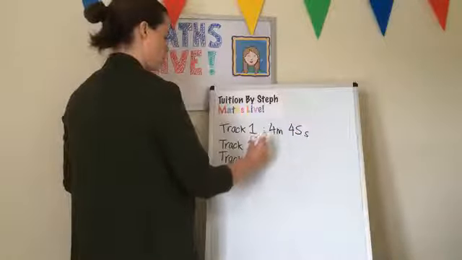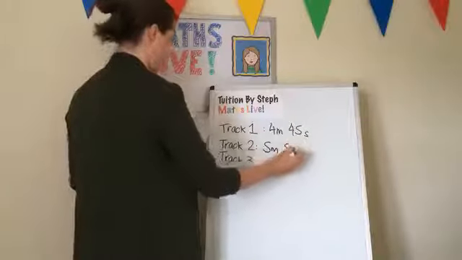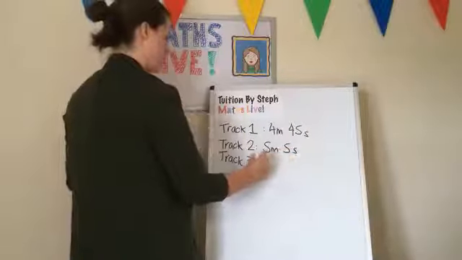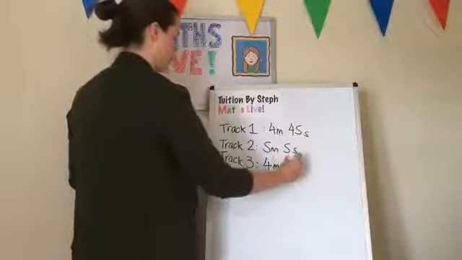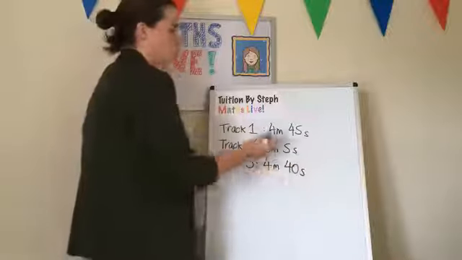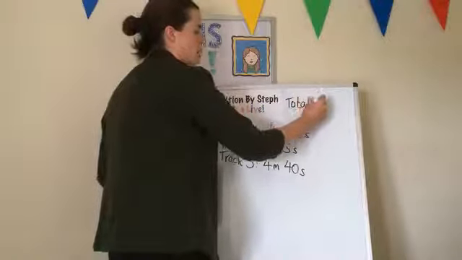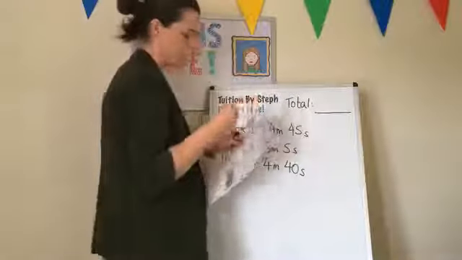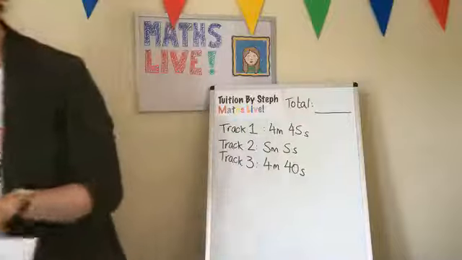Track 2 is 5 minutes and 5 seconds. And track 3 is 4 minutes and 40 seconds. What is the total length of his music? You can do it in minutes and seconds. Give that a go.